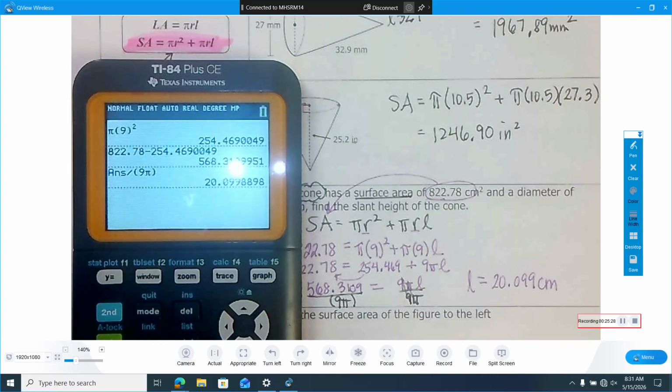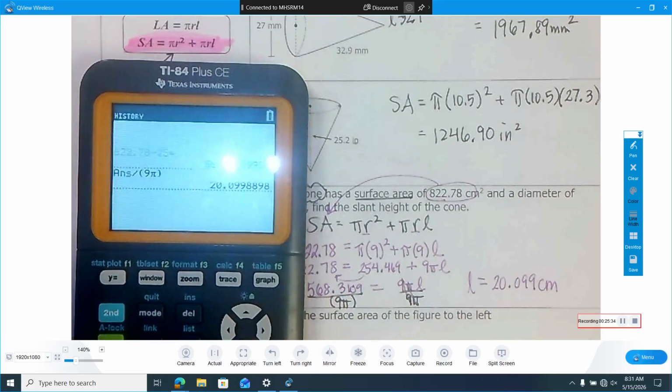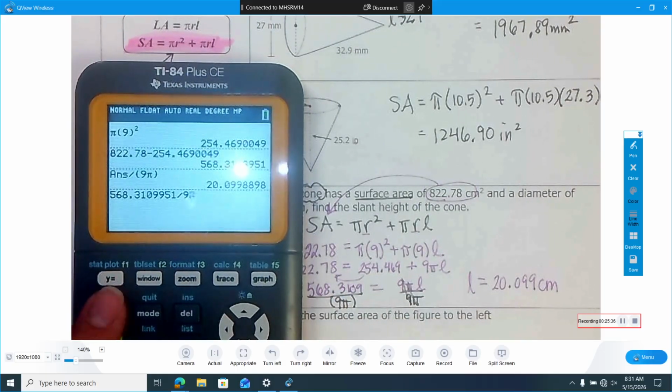So I want you to see what happens if I don't divide with parentheses. So here's my 568. If I divide by 9 pi, all right, you need to understand what your calculator is seeing, not what you're thinking the calculator is thinking, okay? Look at that. You get 198. It's a very different answer than 20, right? What is it doing? Why is your calculator getting a huge number compared to the 20 that we should have gotten?